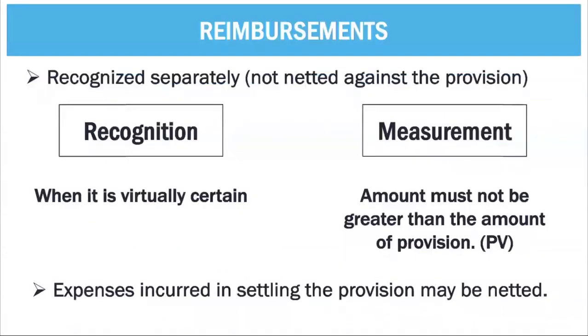Reimbursements. So reimbursement is still part of our initial measurement. Why? Because normally, if that is a provision, there is a possibility that you reimburse a certain amount out of that provision. So let's have an example. Say for example, you are in a lawsuit.